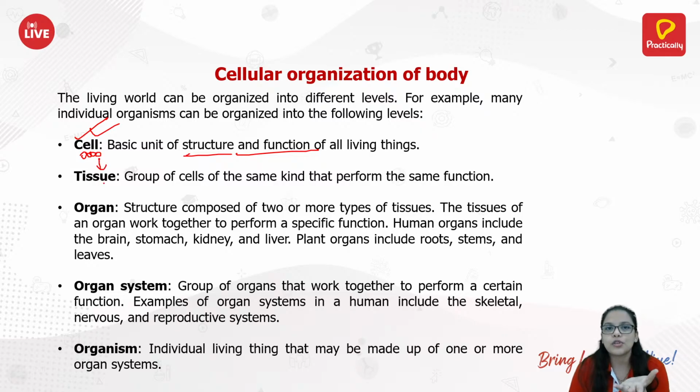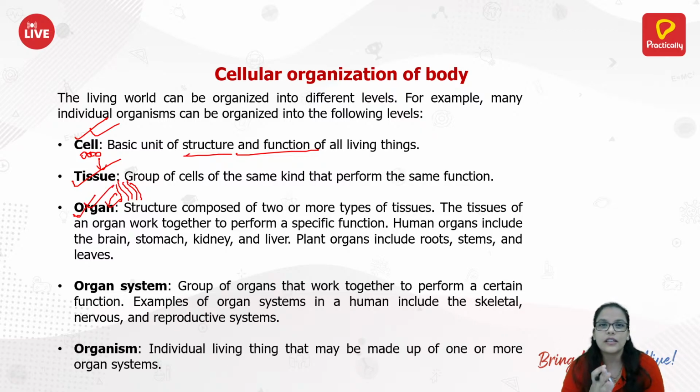Adipose tissue, epithelial tissue, these are examples. When a lot of tissues come together, you make an organ. Stomach, kidney, liver, brain, everything. Those are organs made up of different kinds of tissues.